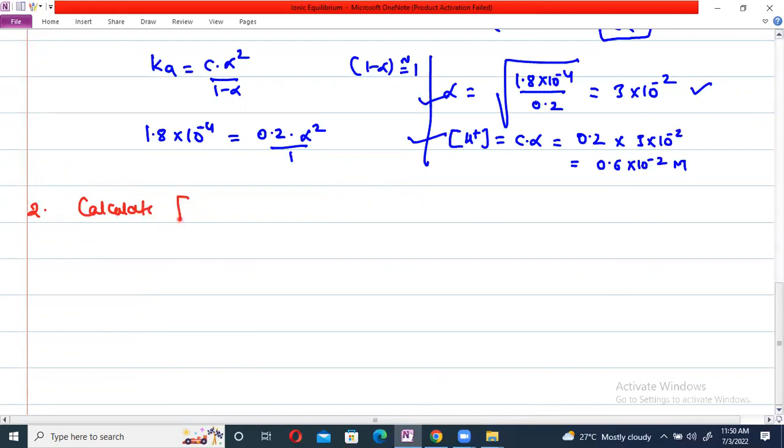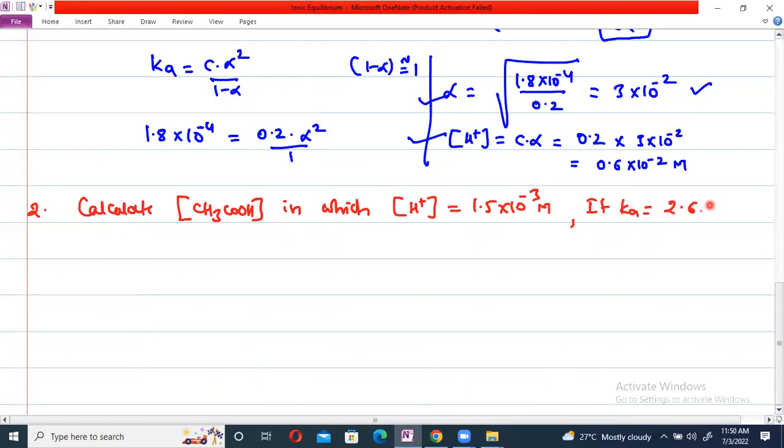Now they are asking to calculate the concentration of acetic acid in which the concentration of H plus is 1.5 into 10 to the power of minus 3 molar, if K is given as 2.6 into 10 to the power of minus 3.